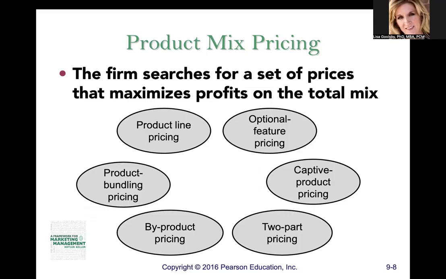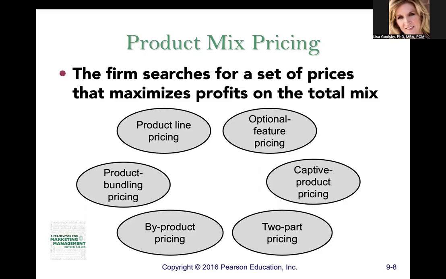So, product line pricing. A car dealership is a really good example because you can go there, find the base models, and they're going to have a certain price. As you start adding those various features and amenities to the vehicle, you'll watch that price go up. So that's that product line pricing.